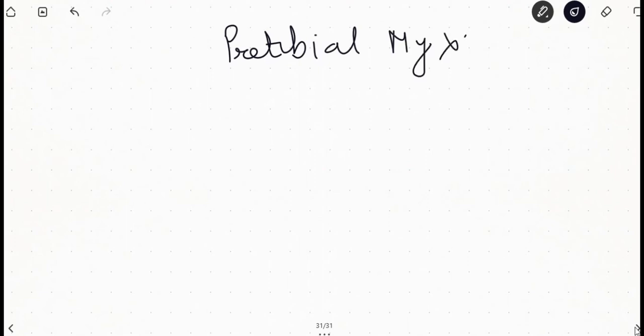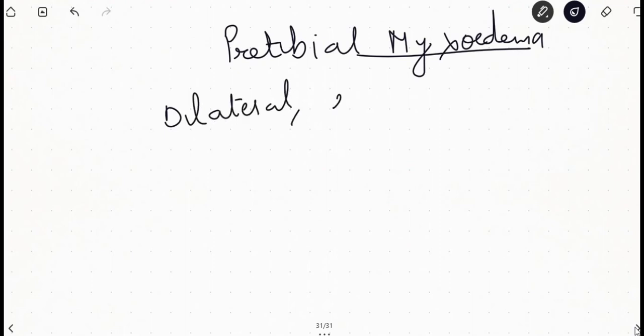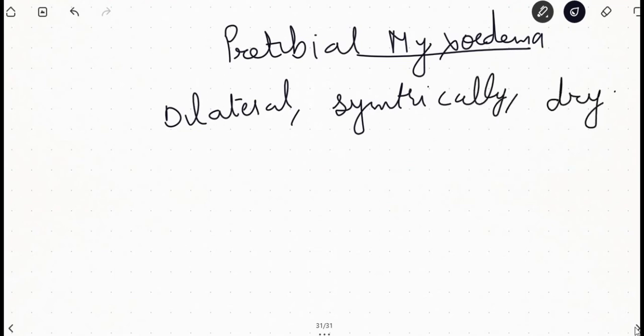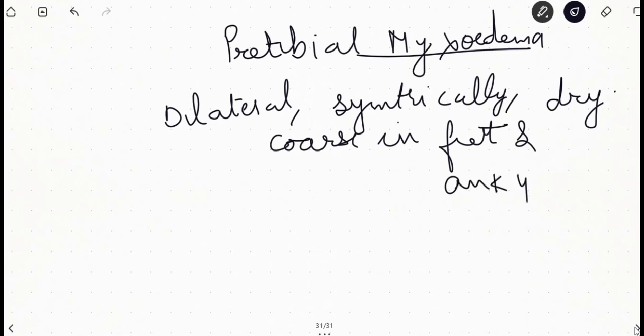What is pretibial myxedema? It is usually bilateral, symmetrical, shiny red, dry skin with coarse hair in the feet and ankles. It is due to the deposition of mucin.